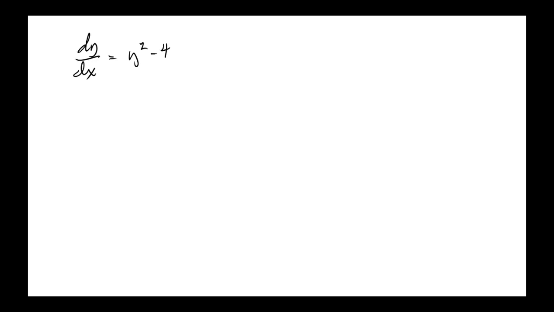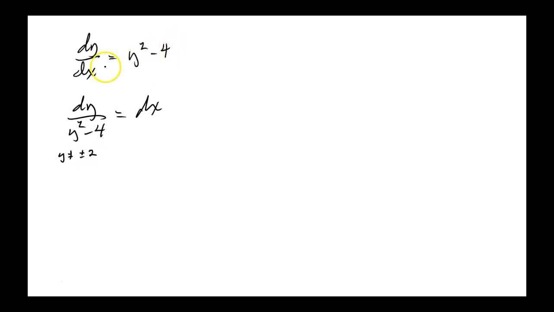Now, of course, to separate variables, we would do dy over y squared minus 4 is equal to dx. It's obvious as soon as you do this that y cannot equal plus or minus 2.